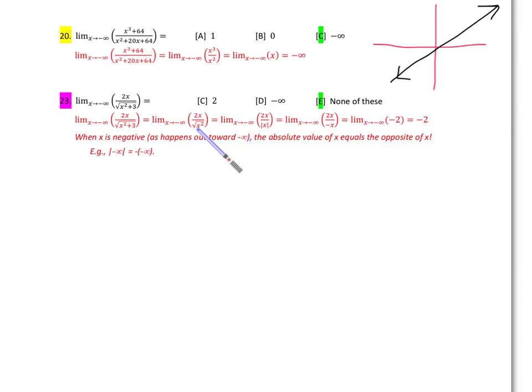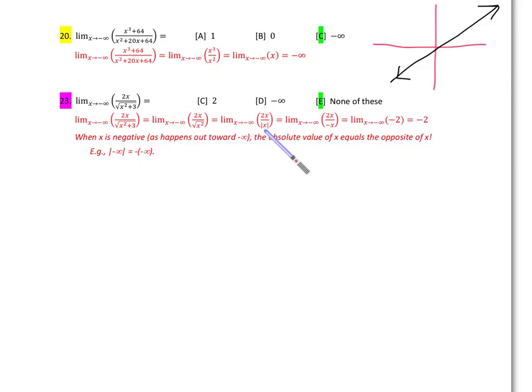And if you square something and then take the square root of it, you don't necessarily get that number. If the number's positive, you get that number. But if the number's negative, this filter of the square root makes everything positive. So you don't get x, you get the absolute value of x. And the absolute value of x, sometimes it's x. If you were out at positive infinity, the absolute value of x would be x.